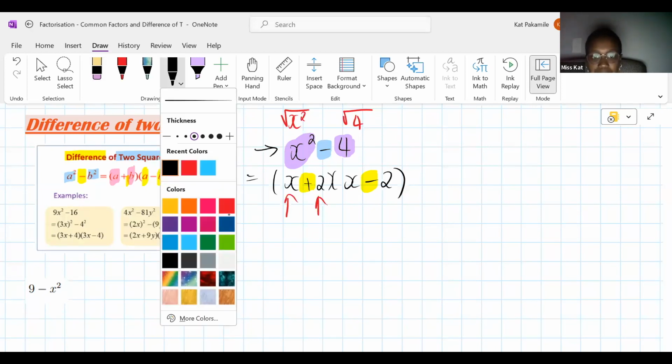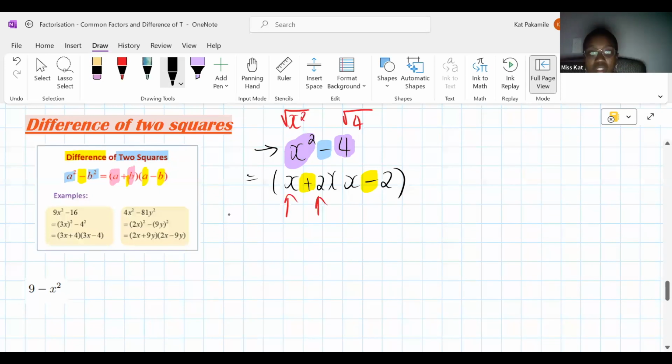Because remember, if we multiply these back out, let's do that. You remember your FOIL, right? Yes. Let's FOIL these brackets, Narisha. So you're going to say x times x. How much is that? x squared. There we go. And then you're going to say x times negative 2, how much is that? Negative 2x.